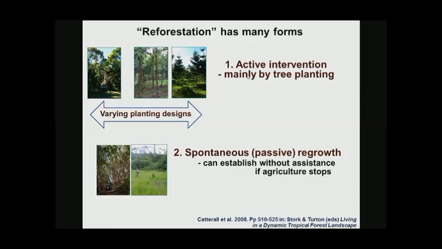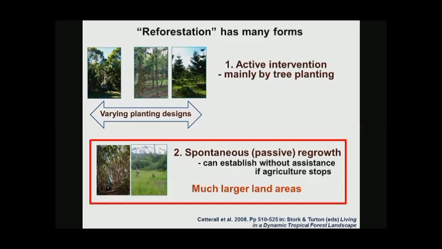At the other end of the spectrum, we have the things that happen when people walk away from agricultural land. Sometimes when people stop agricultural land use, there's forest regrowth. Again, it may be native or not. And in fact, the regrowth occupies much larger land areas than the active tree planting.